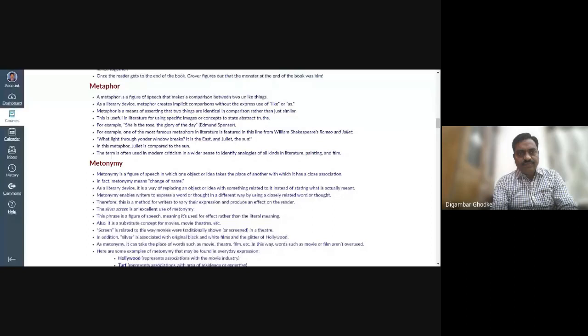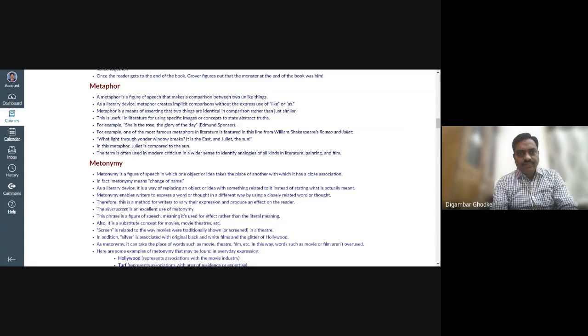So this kind of figure of speech is useful in literature for using specific images or concepts to talk about abstract ideas. There are many abstract things, for example, love, beauty, emotions, feelings. These are abstract truths, abstract ideas. To talk about these abstract ideas, metaphor is used.